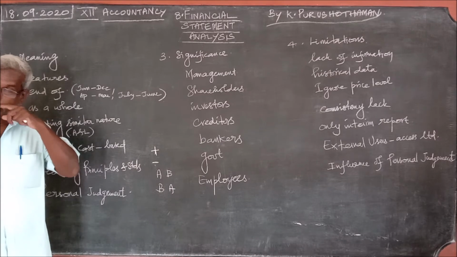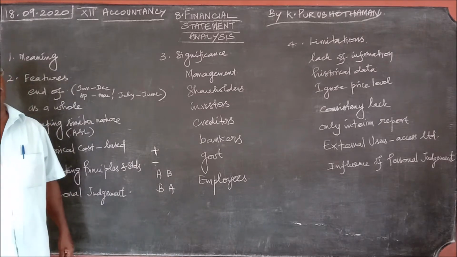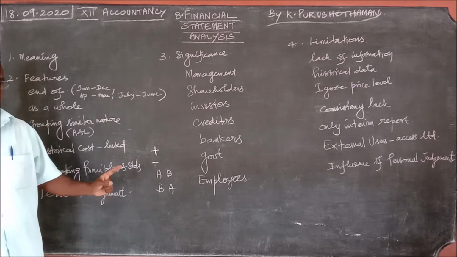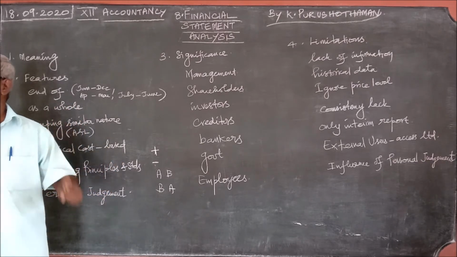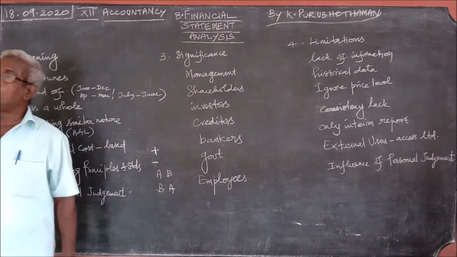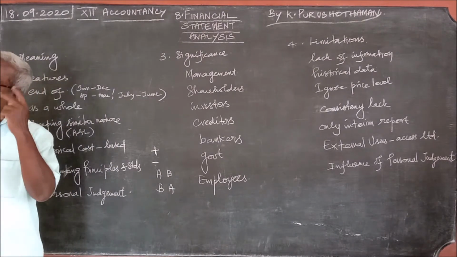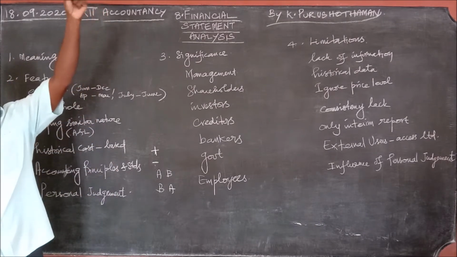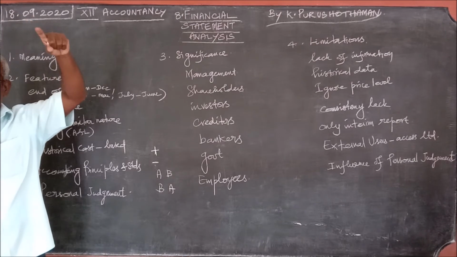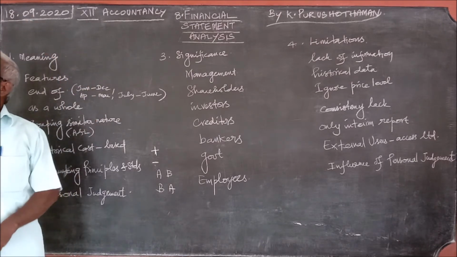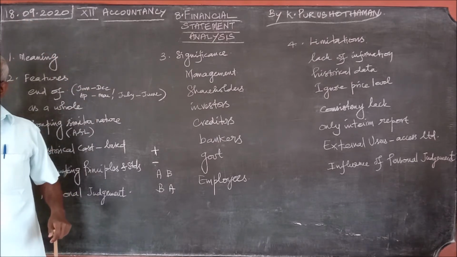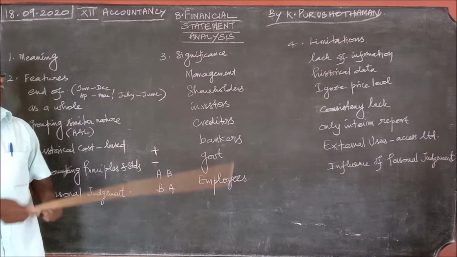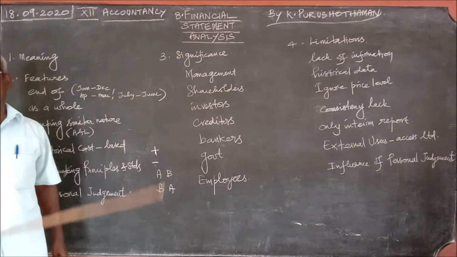For example, I might assume that the purchase should be 1 lakh during this year. Yes, I will assume and consider that 1 lakh for the calculation. If some other person thinks it is just 90,000 or 80,000, he will have that idea in mind, and therefore this financial statement is prepared from personal judgment.